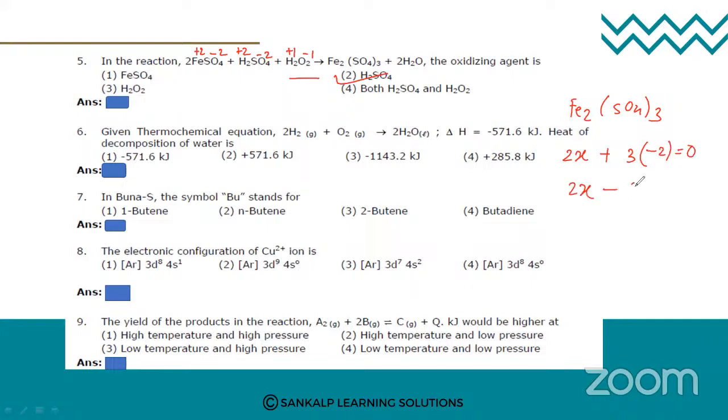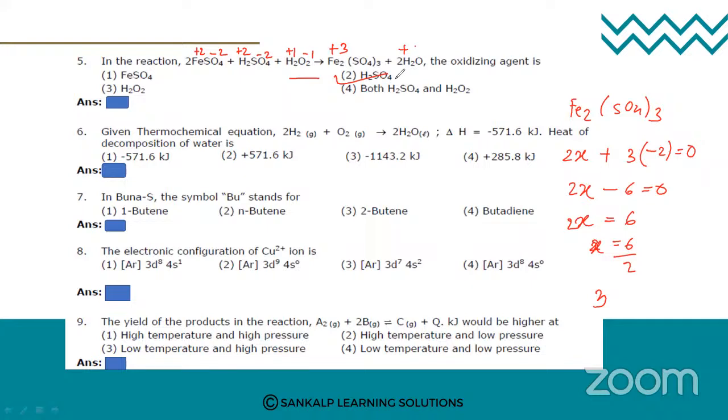So 2x minus 6 equals 0, so 2x equals 6, then x equals 6 by 2, that is 3. So each Fe is +3. Then H2O has H as +1 and O as -2.